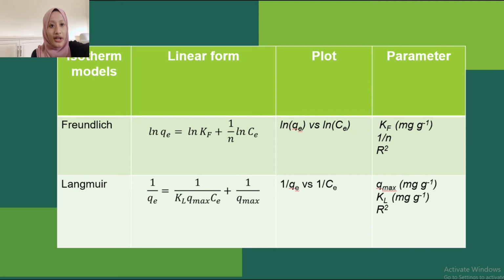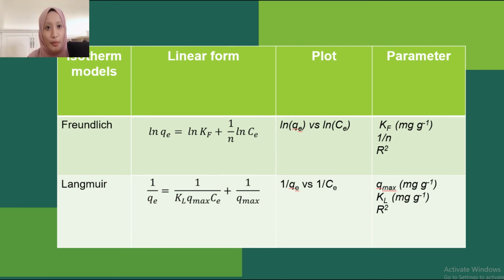Okay, now let's move to the adsorption isotherm. For the adsorption isotherm, we use two equations. For Freundlich, we use the equation ln Qe equals ln KF plus 1 over n ln Ce. Qe is the equilibrium amount of phosphate adsorbed, n is the factor of heterogeneity and Ce is the equilibrium concentration.